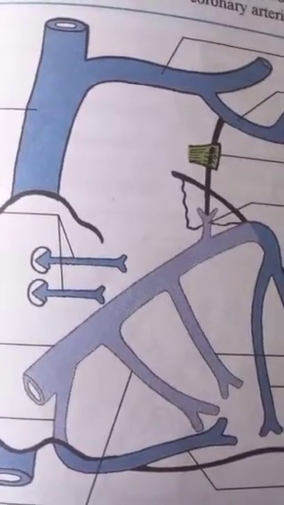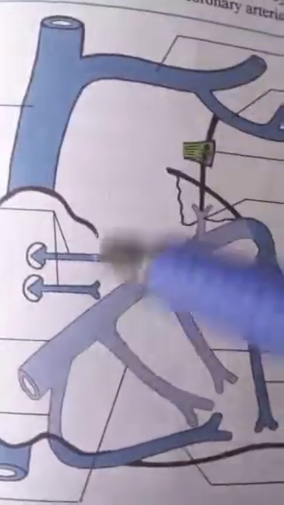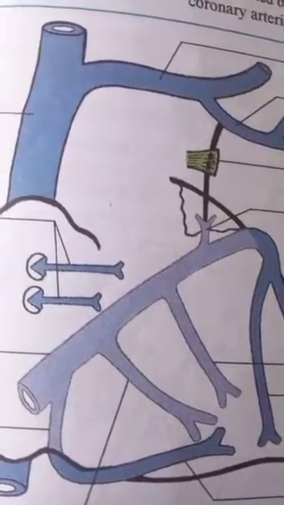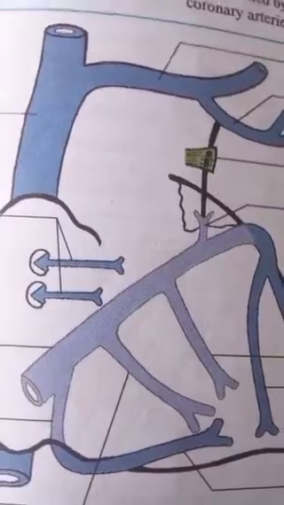We will first discuss the large venous channel, that is the coronary sinus, and then we will discuss the anterior cardiac veins and vena cordis minimi.